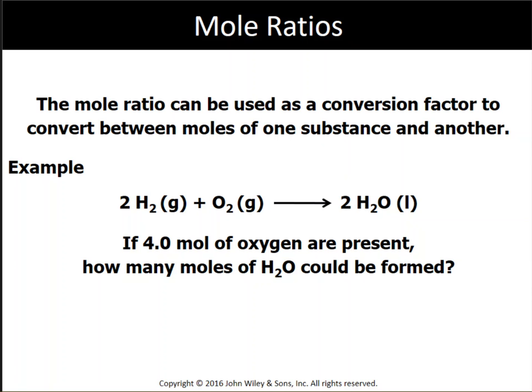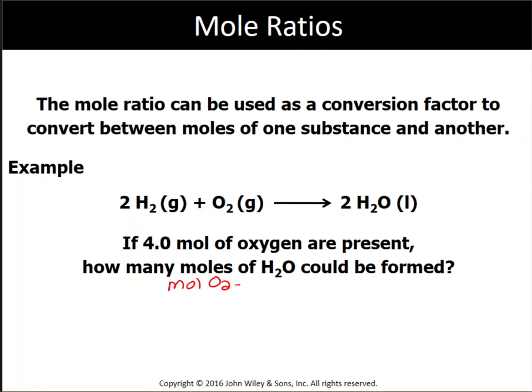So here is an example. You start with 4 moles of oxygen and you want to know how many moles of water can be produced. So basically from moles of oxygen, you want to find moles of H2O.